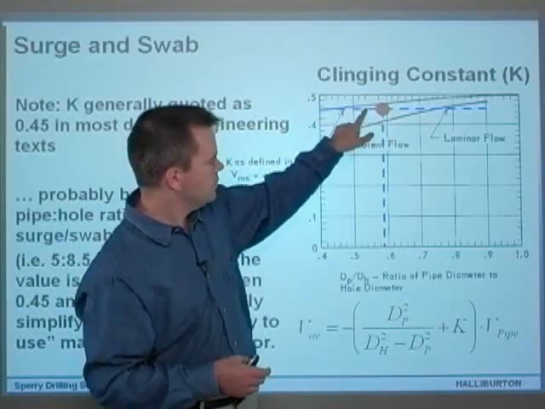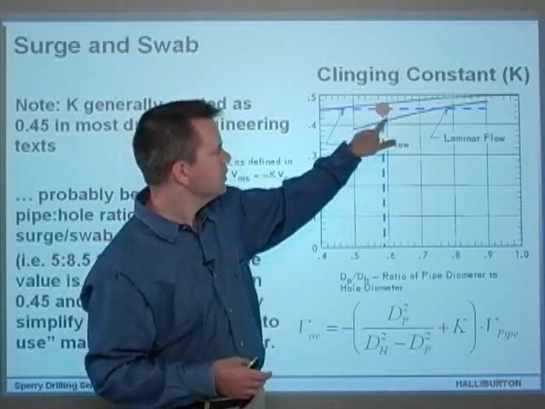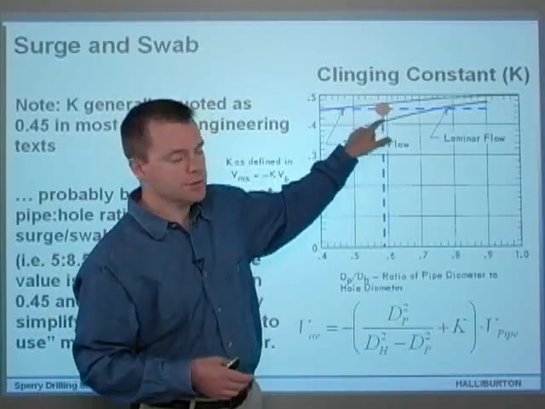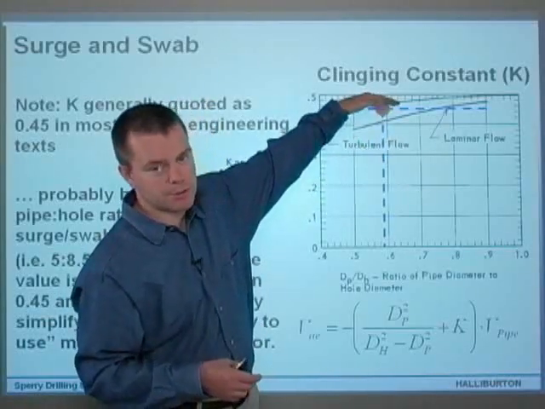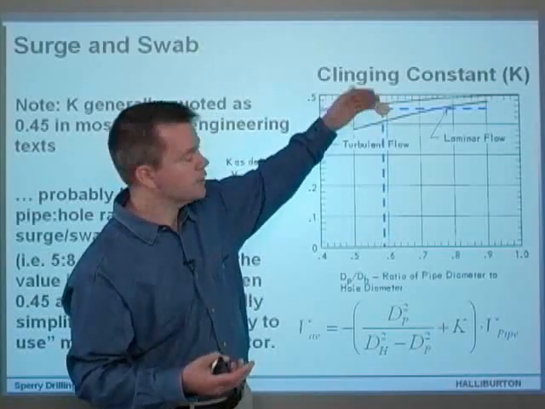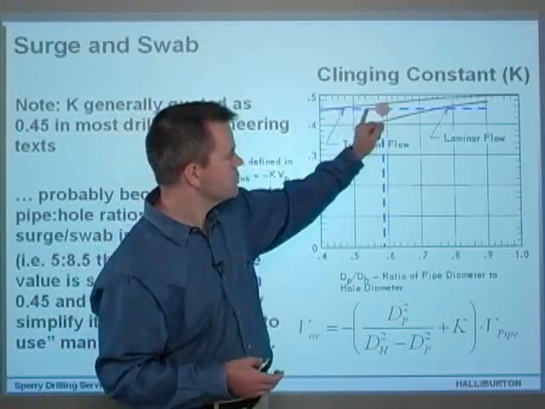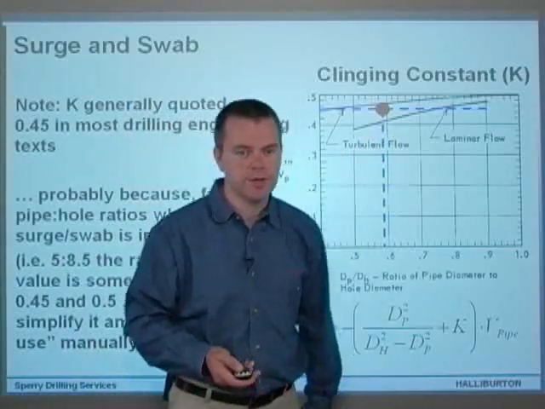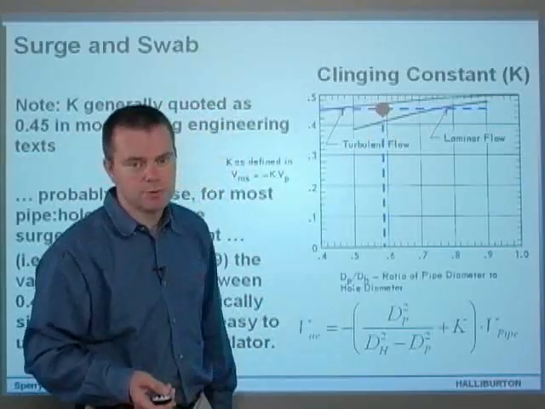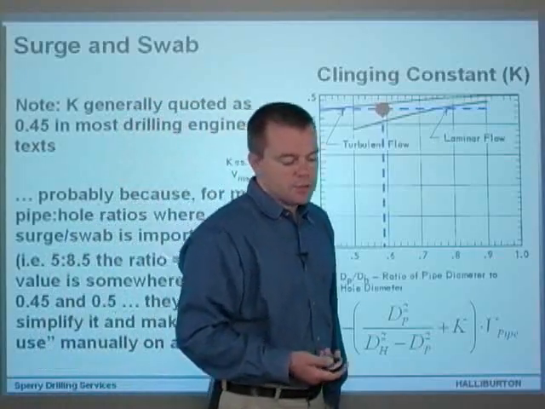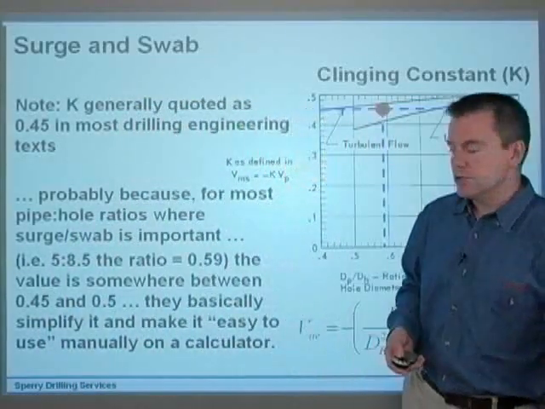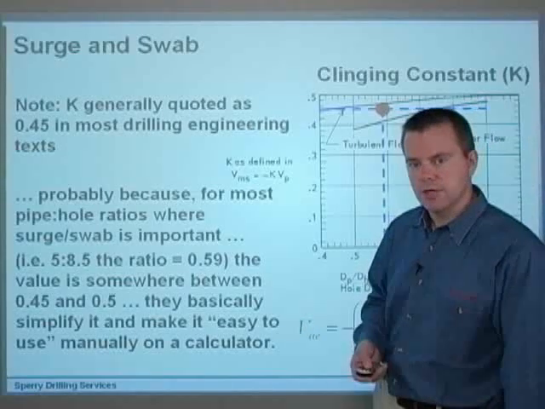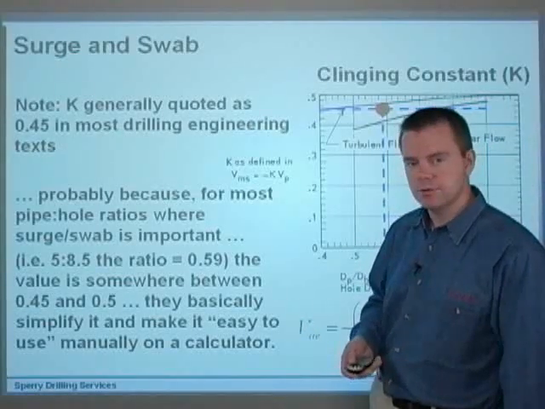And most pipe to hole ratios will lie somewhere in this region. We know that it's going to be somewhere between turbulent and laminar flow, and we know it's going to be somewhere in this sort of area, so 0.45 seems like a pretty good rule of thumb value. So I think that's where that comes from in most of the literature. So they basically simplify it and make it easy to use manually on a calculator or on a rig.